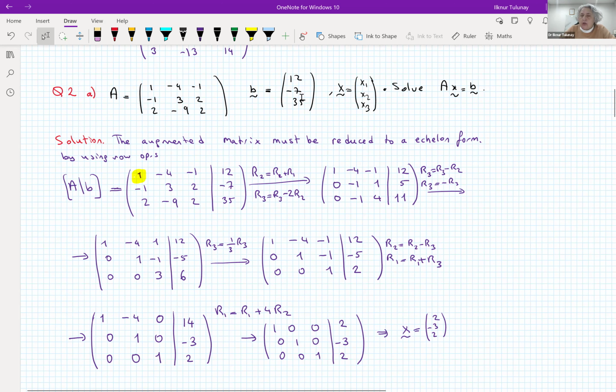That's the second equation. And the last equation comes from the multiplication with this row and the column, which is equal to 35. That's 2x1 minus 9x2, 2x3 is equal to 35. Working with those equations is exactly equivalent to working on this matrix form.